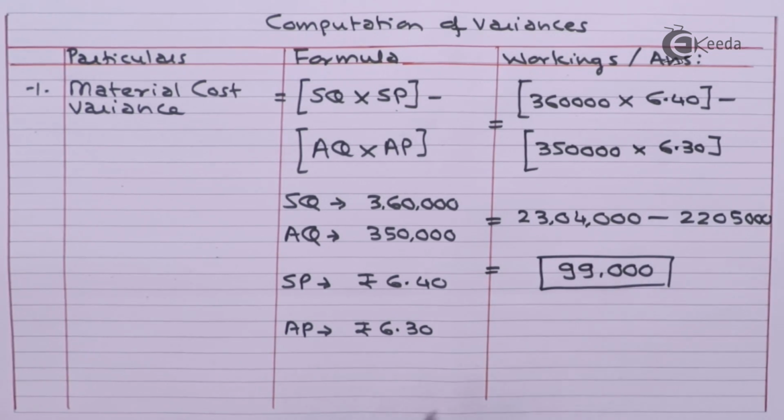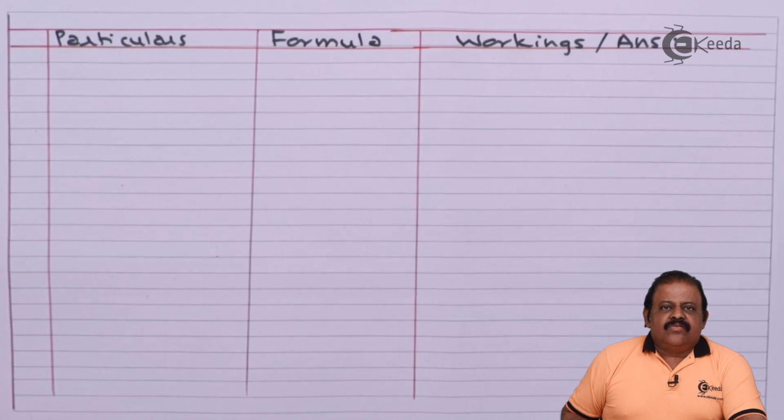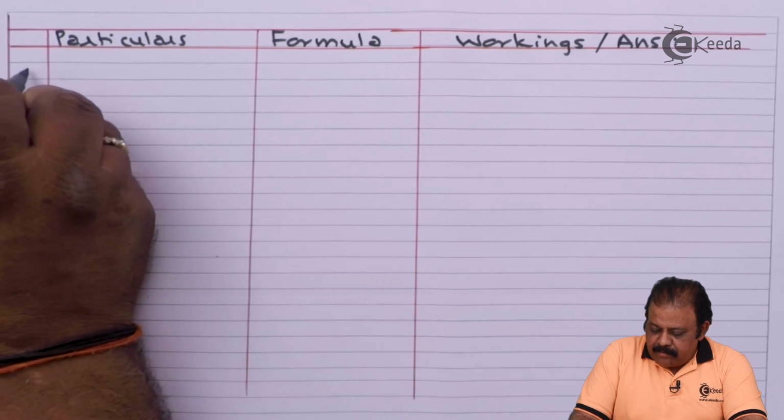Material cost variance we got rupees 99,000. Let us calculate now the sub variances.